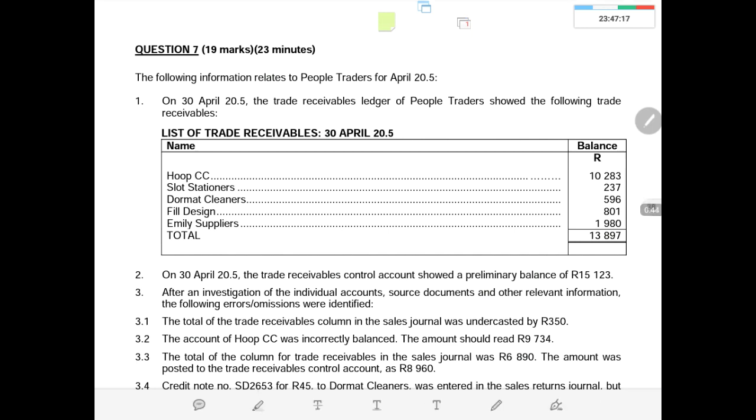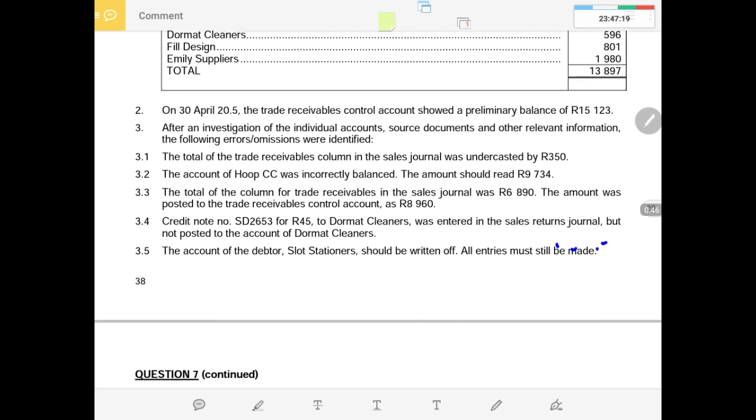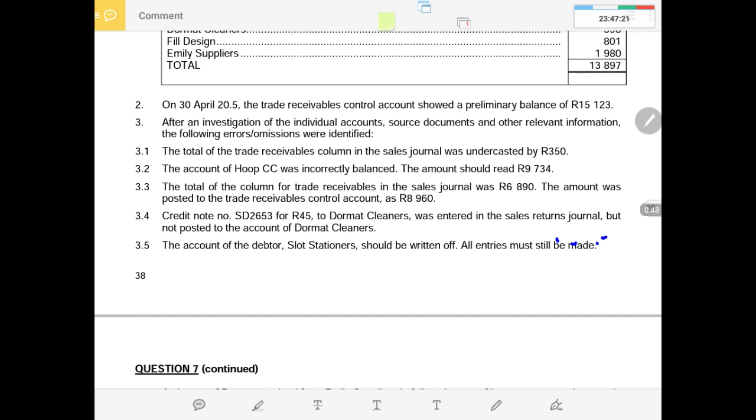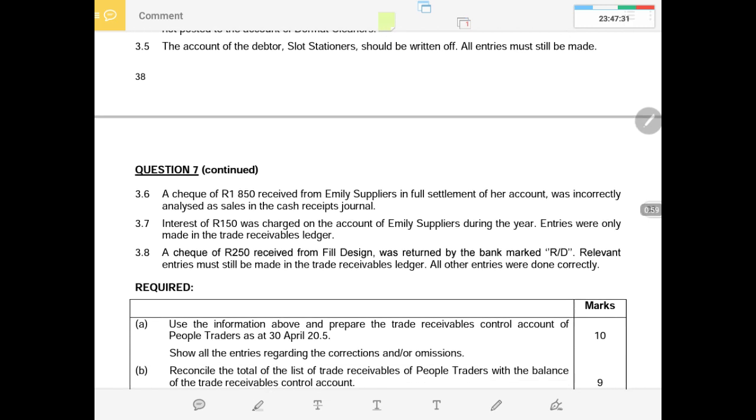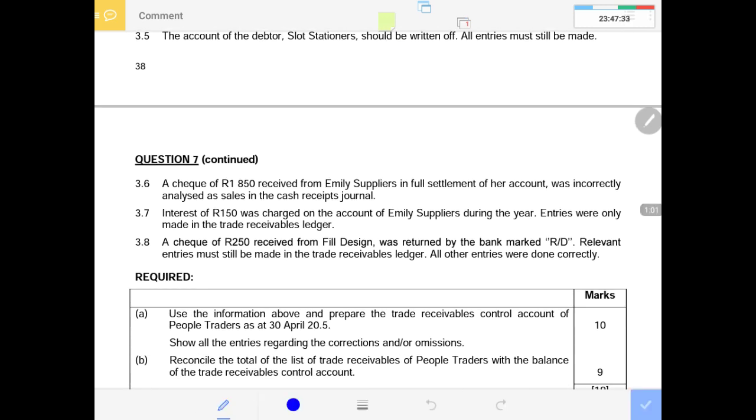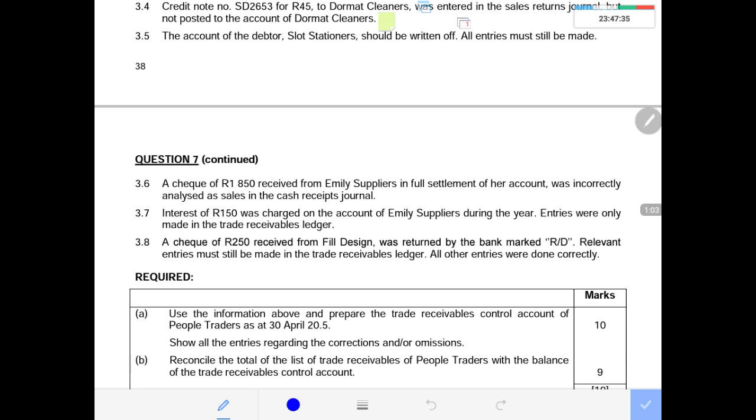Now let us just shoot straight to what we are required first, because it is very important to first understand what we are required to do before we go further. Now it says in our requirements that we are required to use the above information in order to prepare the trade receivables control account.